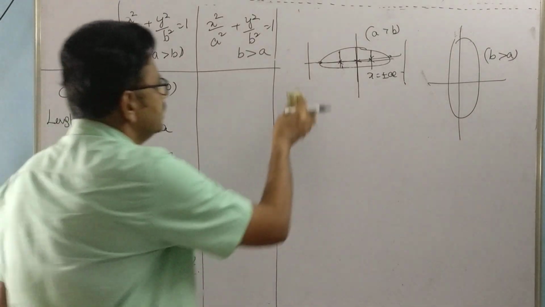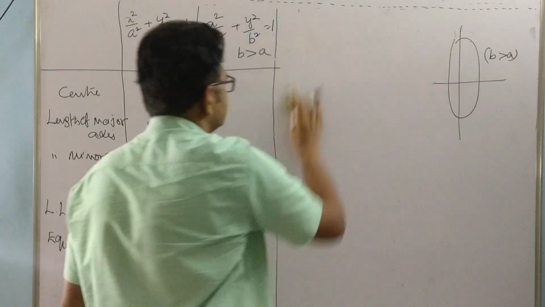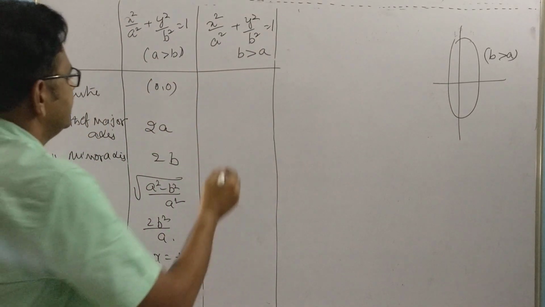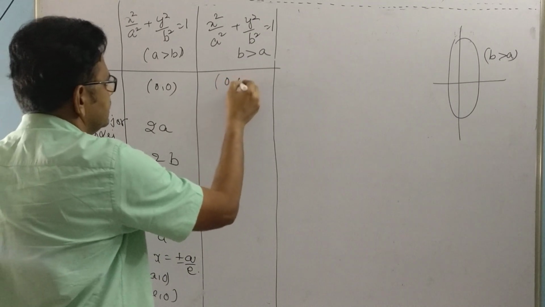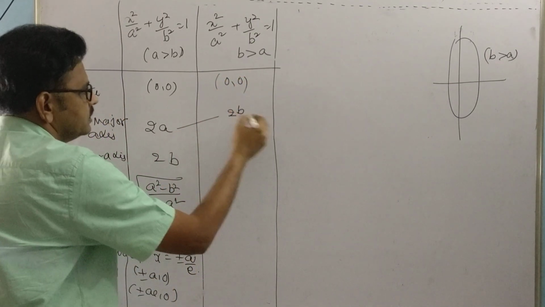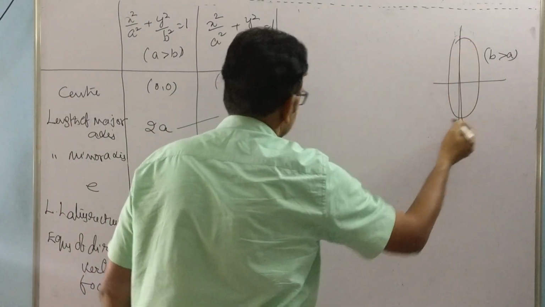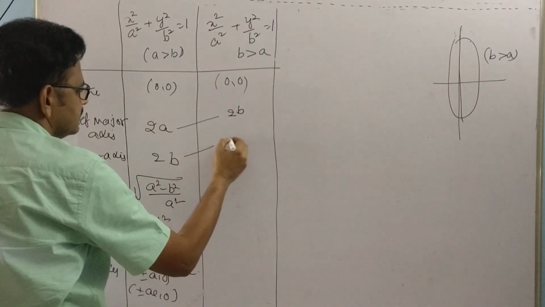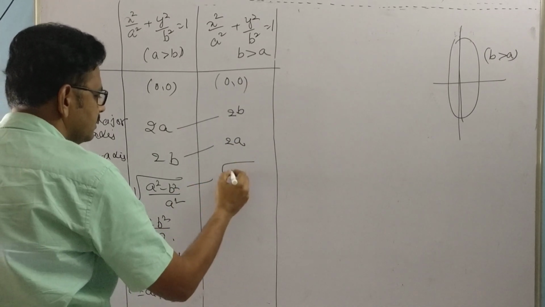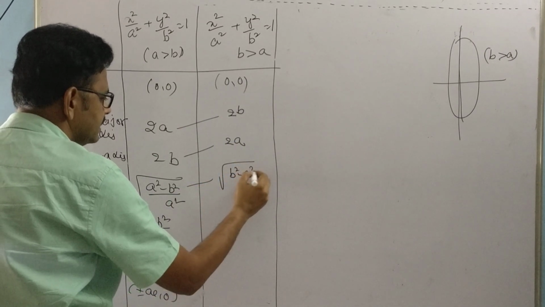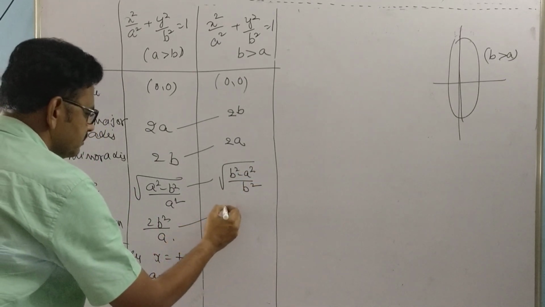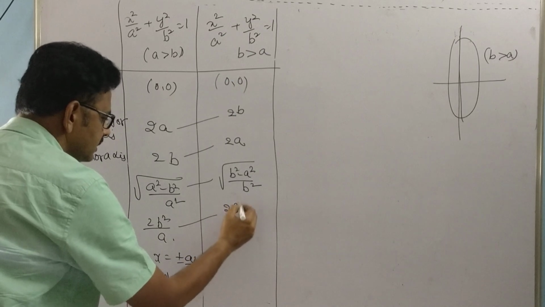Now in case 2, center 0 comma 0, length of major axis, this is 2b, length of minor axis 2a, eccentricity, this is the root of b square minus a square by b square, length of latus rectum, this is 2a square by b.